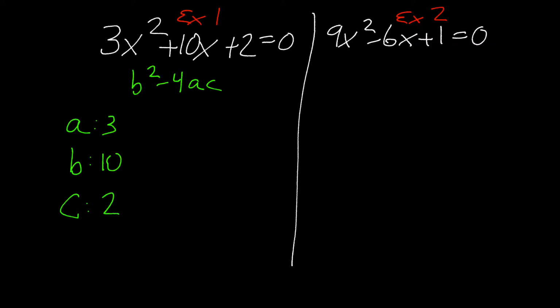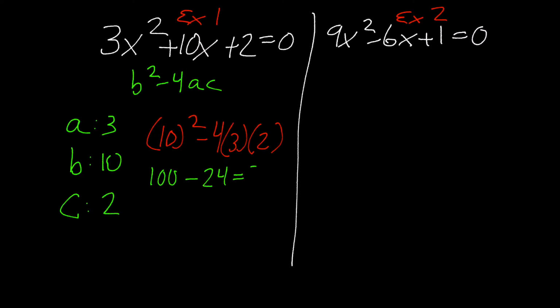So b squared, that is 10 squared, minus 4 times a, which is 3, times c, which is 2. There's our discriminant filled out. And now we can work it out. 10 squared is 100. 4 times 3 is 12, times 2 is 24. So I have 100 minus 24, which is 76. Well, is 76 a positive number, a negative number, or 0?